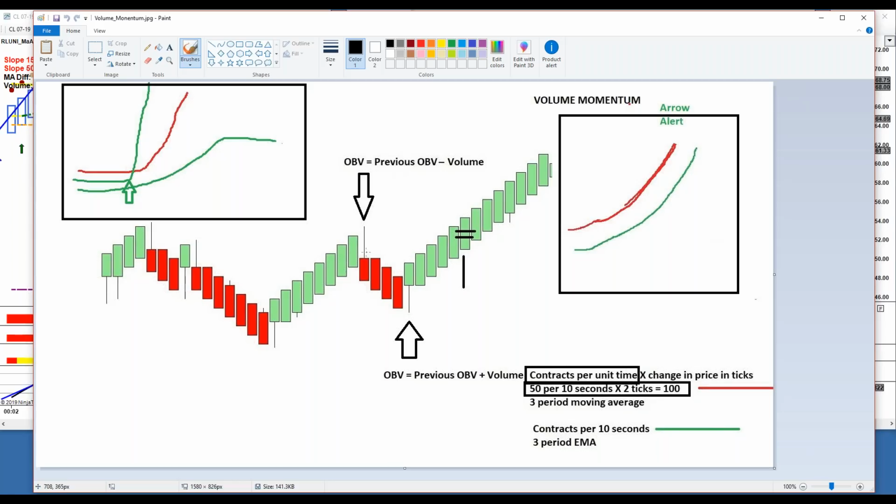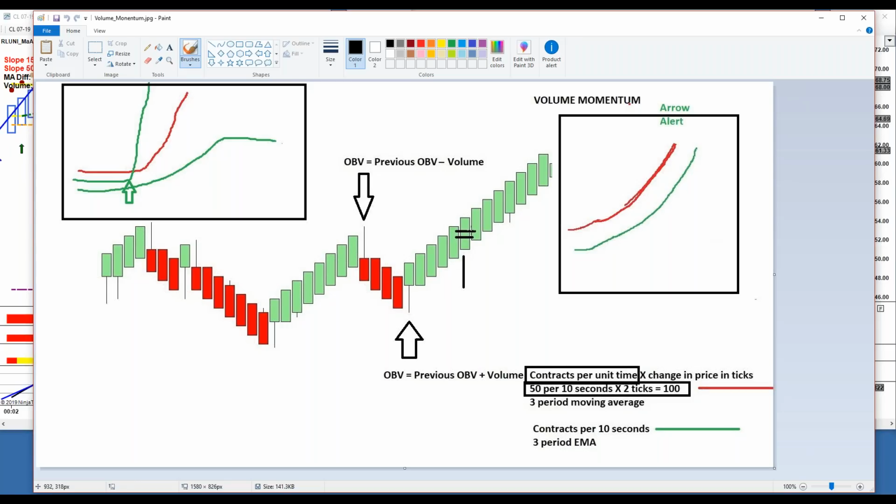So obviously, in a down move, the bigger the volume, the bigger the drop in OBV, and the line moves down. So you want volume to always be rising as the move goes to the downside. So in a sense, it is creating a sort of volume-based indicator.